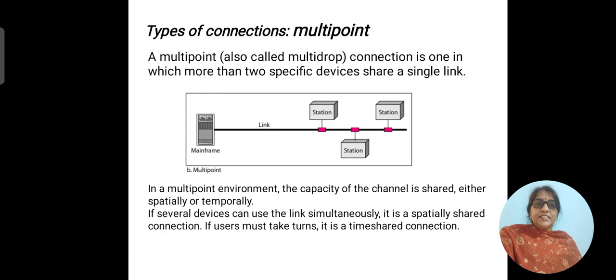In this slide, as shown in the block diagram of a multipoint connection, we have one mainframe connected to three different stations through a link. Therefore, by definition, a multipoint connection is one in which more than two specific devices share a single link.